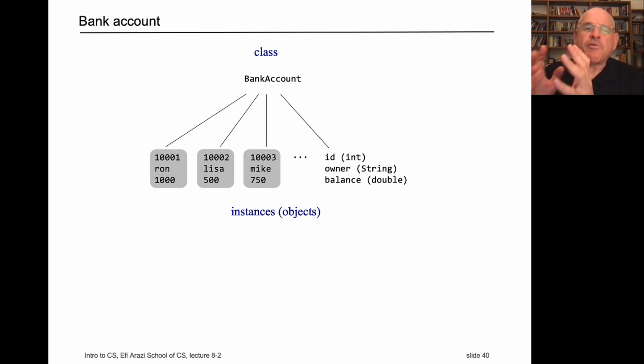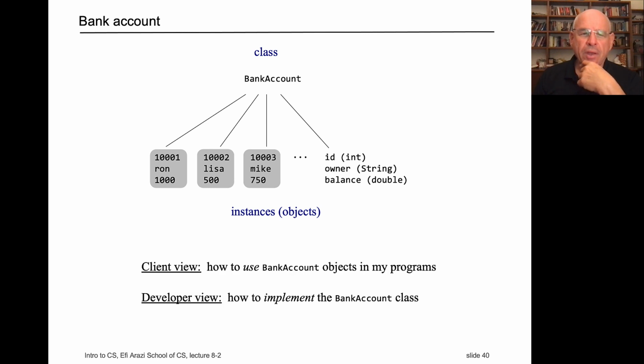I think it's useful to talk about it this way because when you talk about it this way, you see that fractions and bank accounts, even though they're so different, there are many similarities about them. And once you understand these similarities, you begin to understand better what is this notion of object-oriented programming.